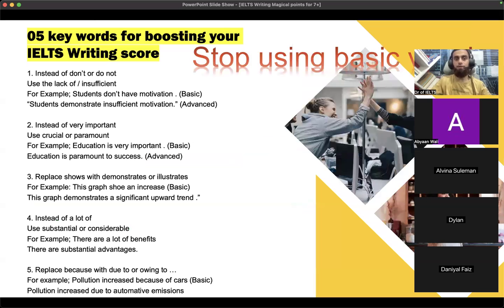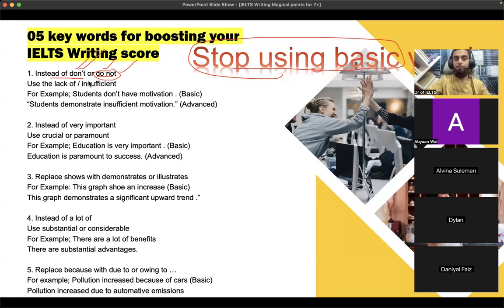Okay, next we have some 5 keywords, very common keywords, and you have to stop using those words, right? For example, number 1: sometimes you say "don't" in letter writing, IELTS General, or in academic writing, essay writing, or you write "do not". In academic writing, fine, you write it separately, right?